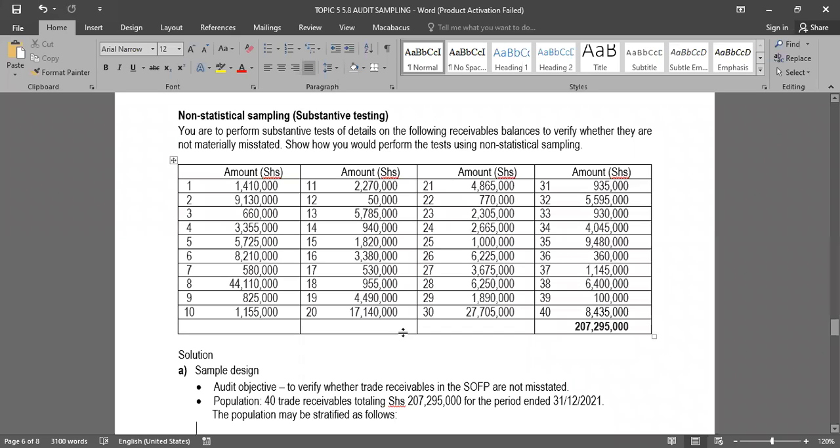Non-statistical sampling. Okay, this is where I use judgment, like I already told you. You have to perform substantive tests. Now here they are emphasizing substantive tests. Whenever you find any challenges or deviations, remember deviations are the deficiencies, or the variances or the errors.